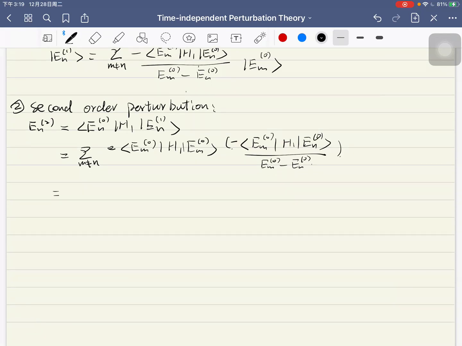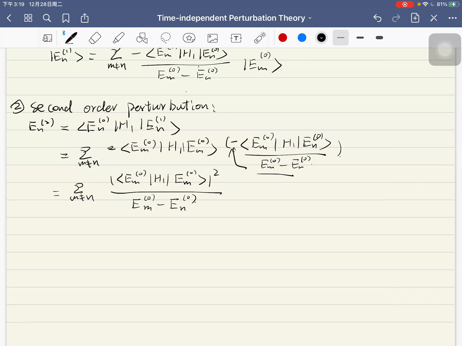So we change these two terms with this minus sign. So we have E_n0.